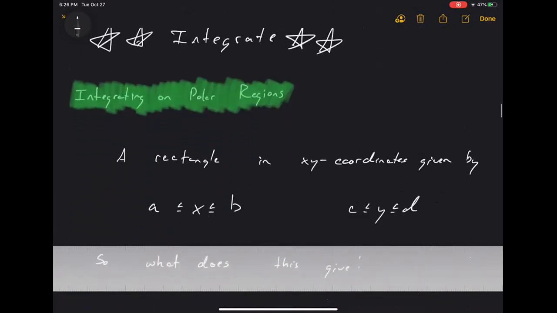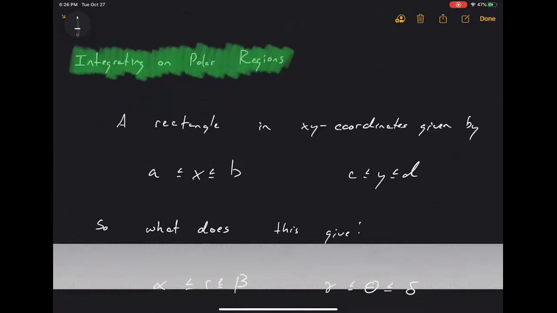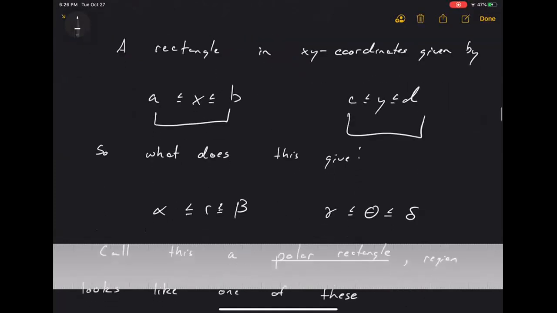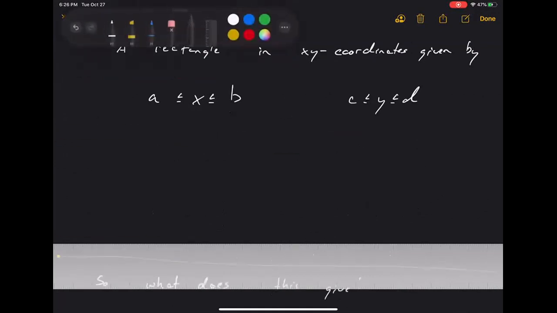Remember in 15.1 and 15.2, especially 15.1, we were concerned about integrating on a rectangle, where we had a region described like this, where x is greater than or equal to a and less than or equal to b, and y is greater than or equal to c and less than or equal to d. This is how we describe our rectangle. And what does that look like? It's a rectangle.